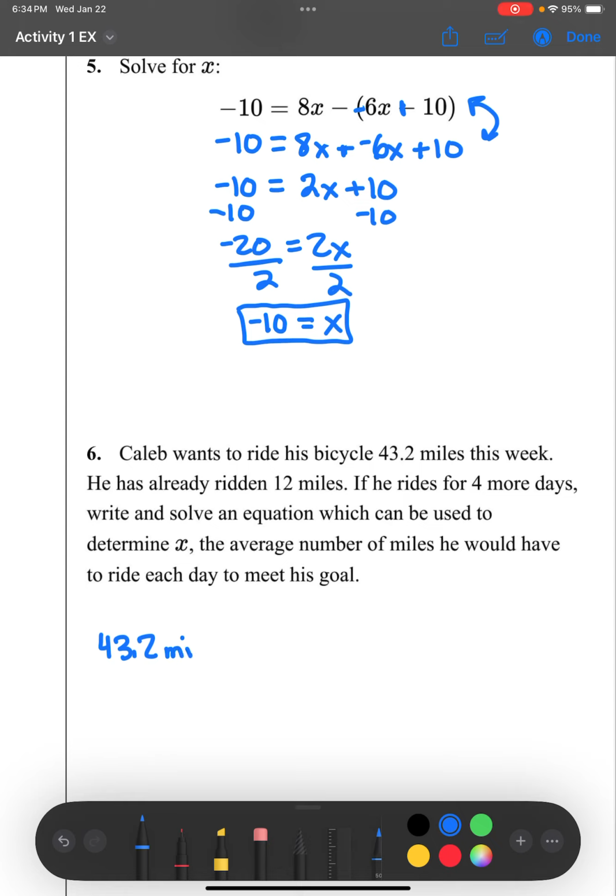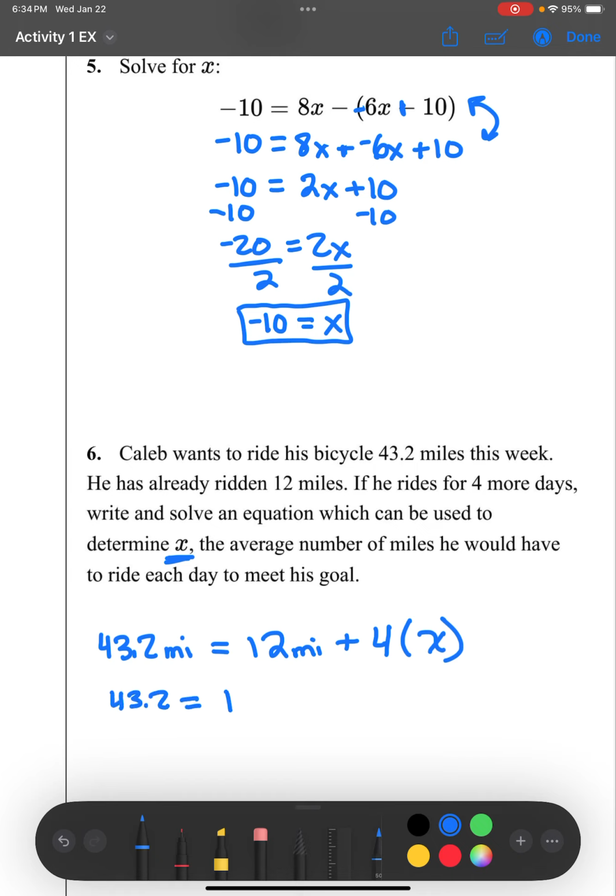So he needs to get there. He's already ridden the 12 miles. I'll get rid of the miles after we figure out the equation. And we're going to add 4 more days of some amount. That's where this x comes in, the amount of miles.